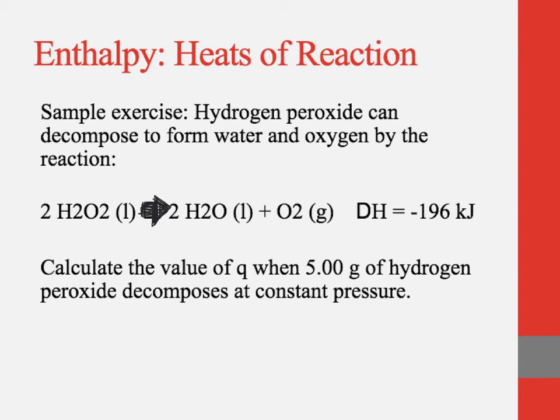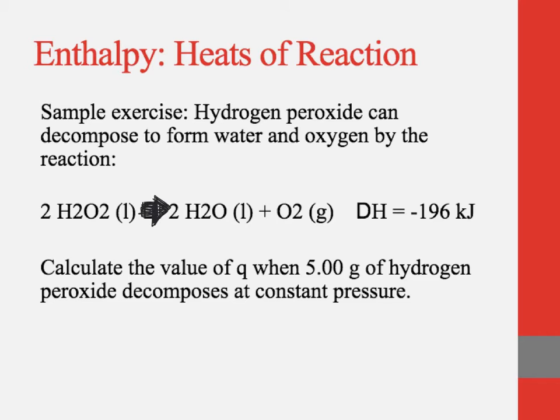Calculate the value of Q when 5 grams of hydrogen peroxide decomposes at a constant pressure. All right, so we have hydrogen peroxide decomposing and H2O and O2 are formed.